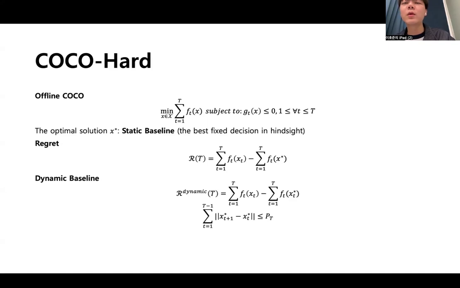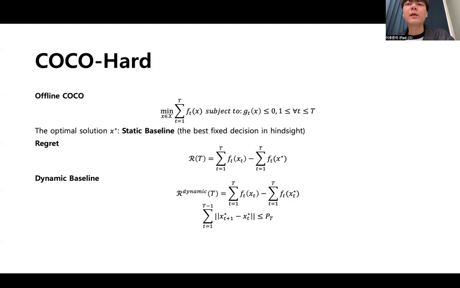One frequently used baseline in COCO is the static baseline. In the static baseline, performance is compared against the optimal solution of offline COCO, representing the best scenario where both loss and constraint function are known beforehand. The difference in performance compared to the static baseline is termed regret, and the goal is typically to minimize regret.